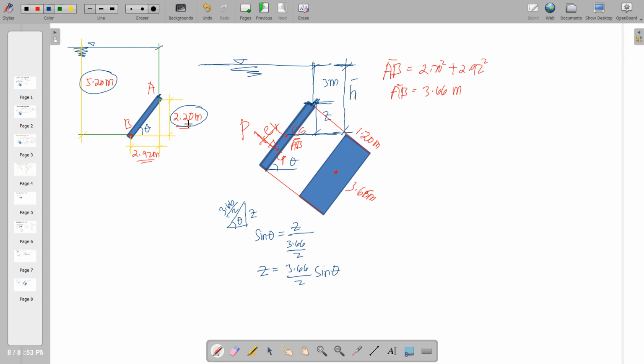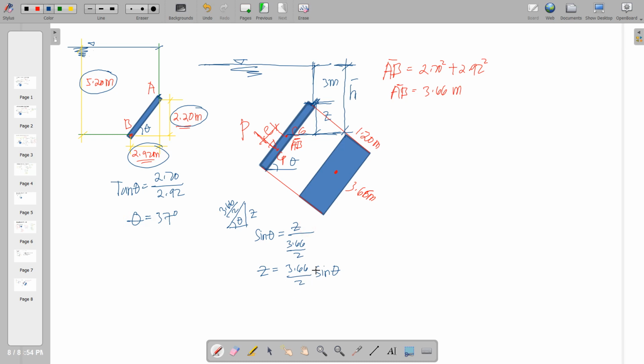So this time we need to get theta. We can relate theta with these two given by function of tangent. Tangent theta, opposite to theta is 2.2, adjacent to theta is 2.92. So theta here will be equal to 37 degrees.